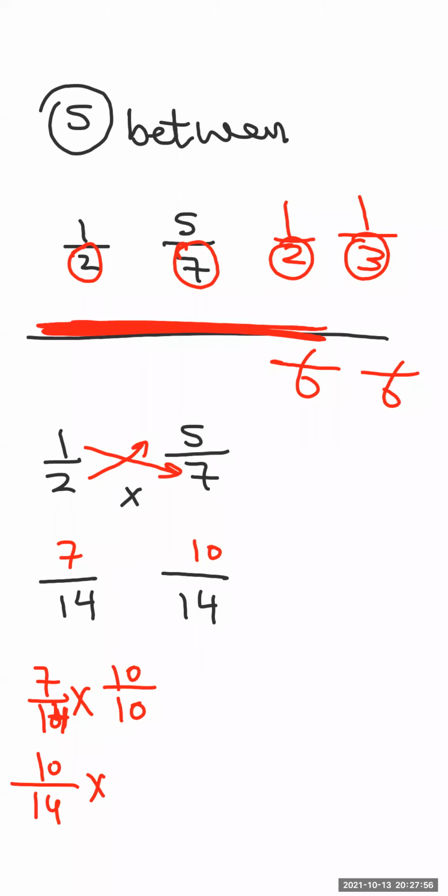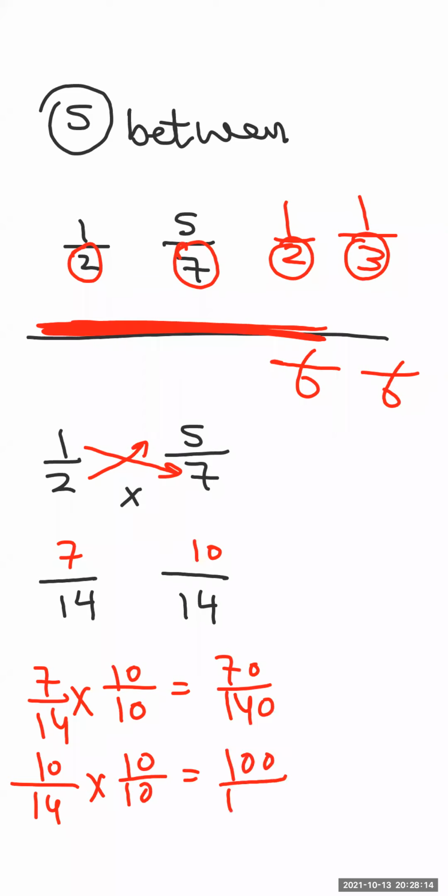So now here we will multiply the two numbers by 10. This one is 14. 7 times 10 equals 70 over 14 times 10, which is 140. And here also 10 over 10, 100 over 140.